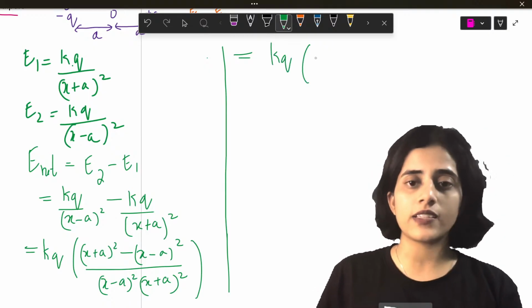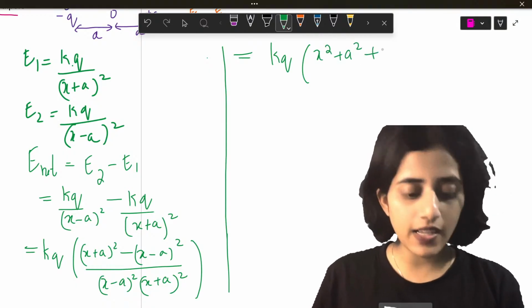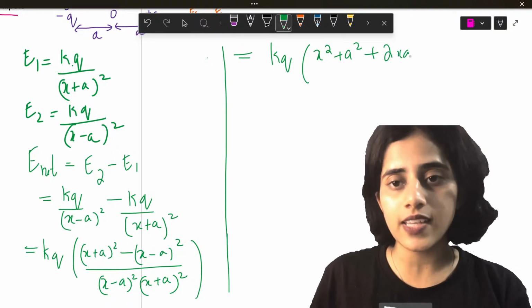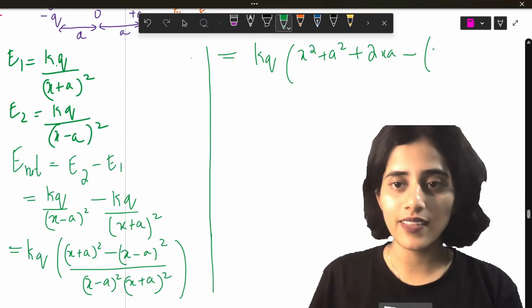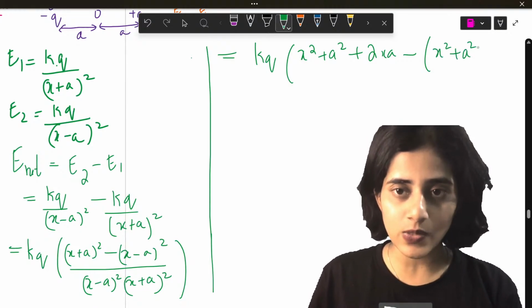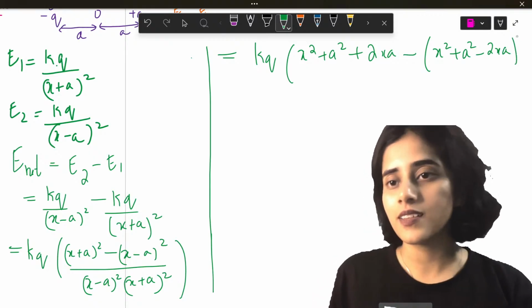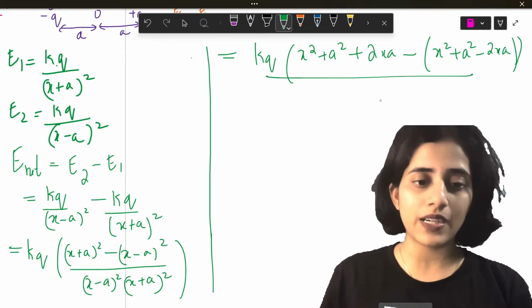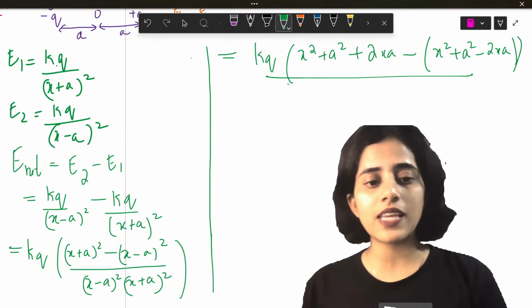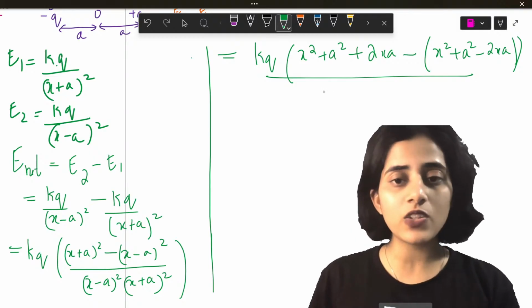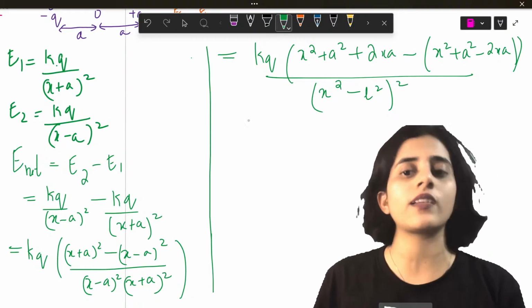I will open the bracket. X square plus A square plus 2XA, minus X square plus A square minus 2XA. Okay? Divided by A minus B into A plus B, this will be X square minus A square the whole square.